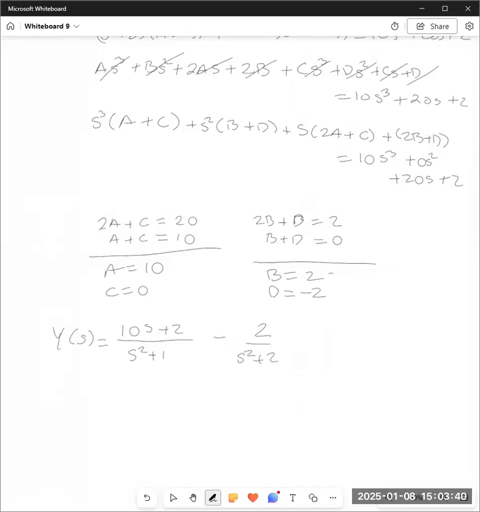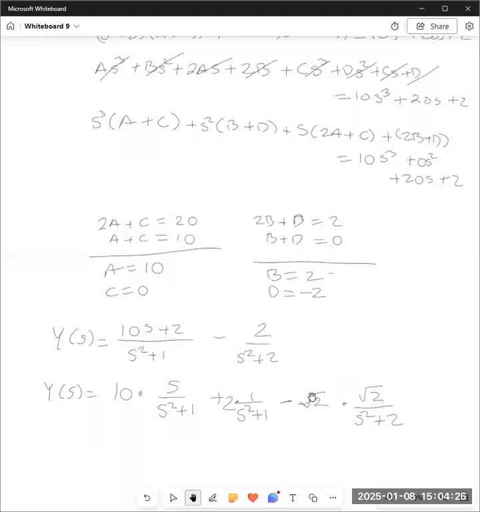So I have capital Y of s is equal to 10 times s over s squared plus 1 plus 2 over s squared plus 1, 2 times 1 here, minus 2 times, actually let's make this root 2 times root 2 over s squared plus 2 for the same reasons as before, that this is s squared plus root 2 squared, and the sine function needs to have the k up there, which is root 2.